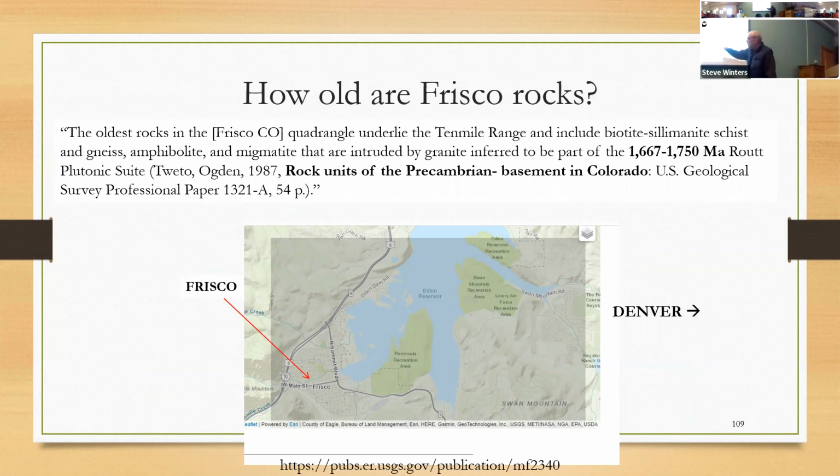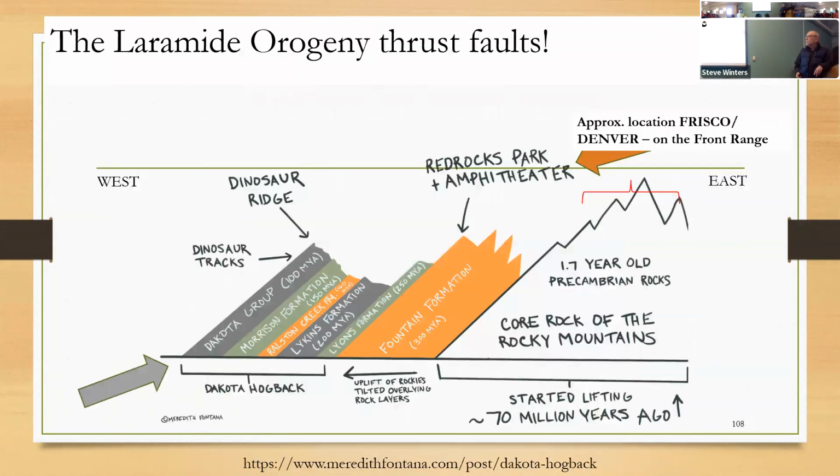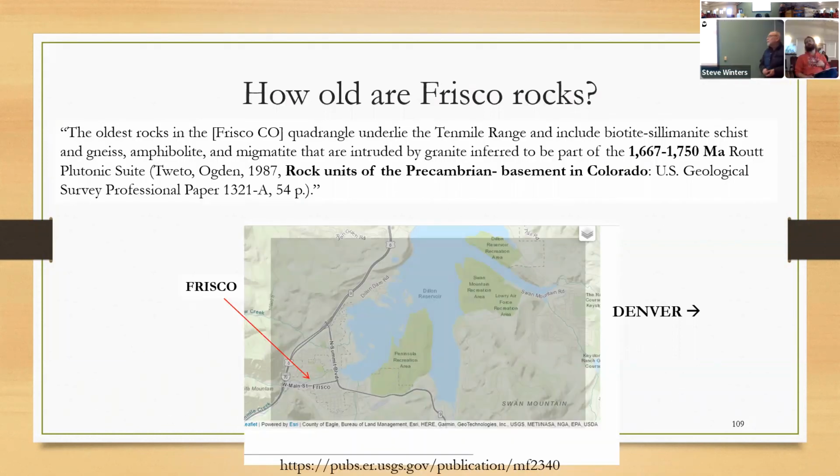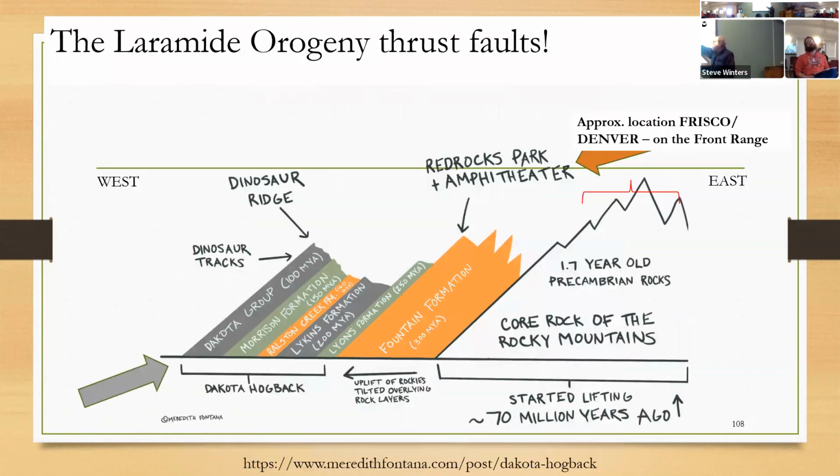So Frisco is situated in the ancestral Rockies, about an hour's drive west of Denver. So the Frisco rocks are a lot of metamorphic rocks. Yeah, it would be this core rock here, which is metamorphic mostly.